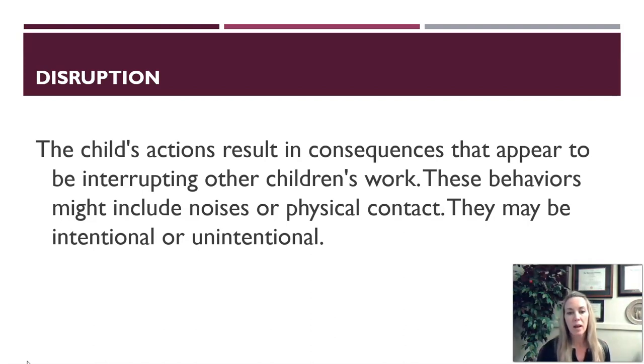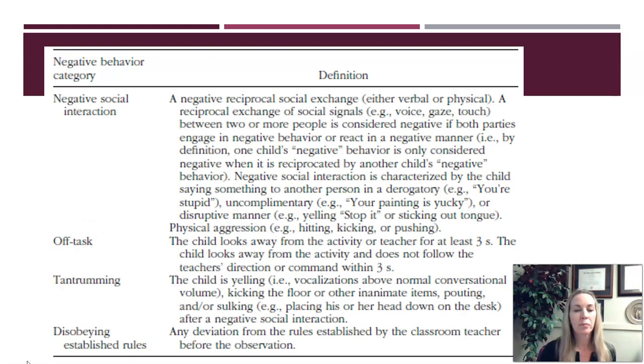Now, one of the main reasons why I had you read the Magui article was to check out the definitions that they post in their study. They listed four different behaviors and they have them defined. Negative social interaction is defined here, and that's a very well-developed definition. Off task is the child looks away from the activity or teacher for at least 3 seconds.